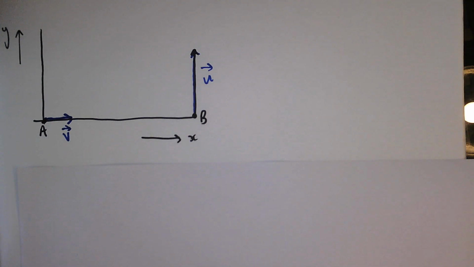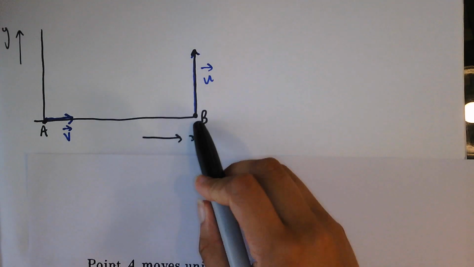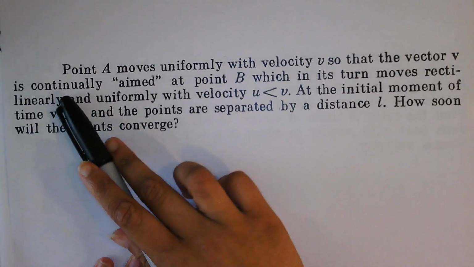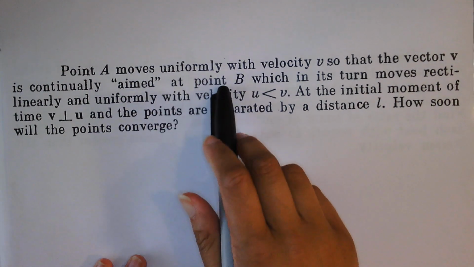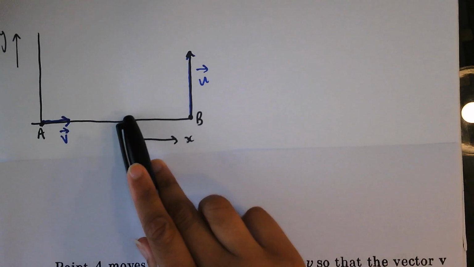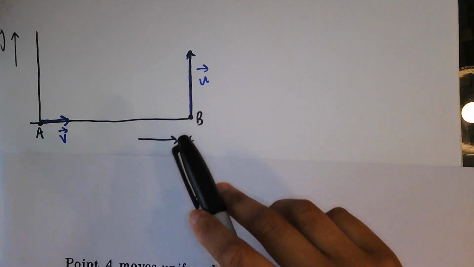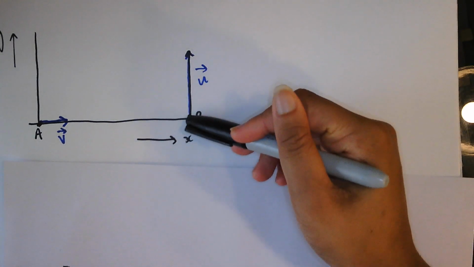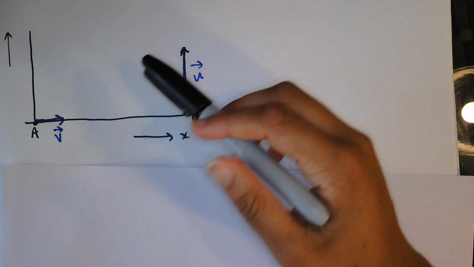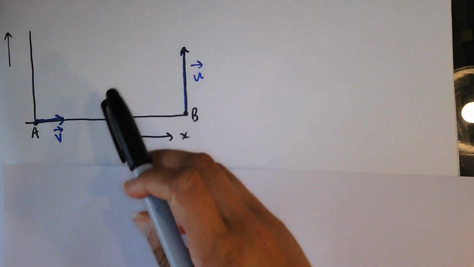Now if point B wasn't moving and just stayed there, because the question tells us that point A is continually aimed at point B, point A would just move along this line here for a certain time until it reached point B. But that's not what's happening here, because point B is moving as well with a velocity of u. So we know that point A is going to go something like this.